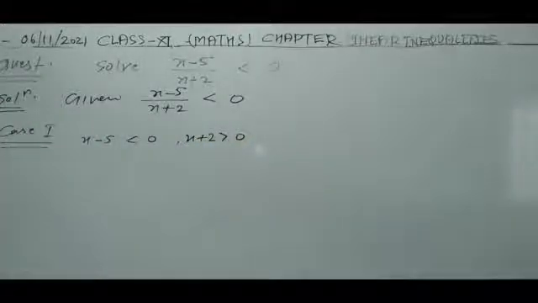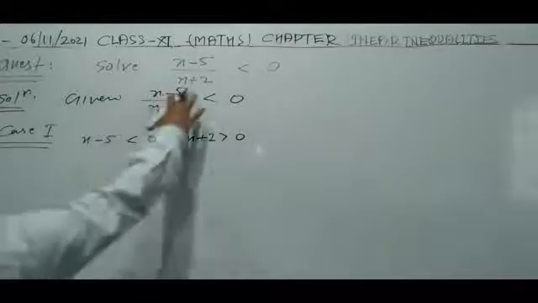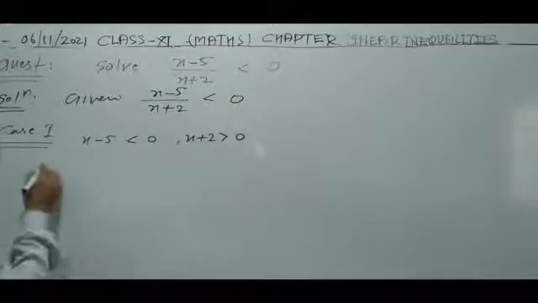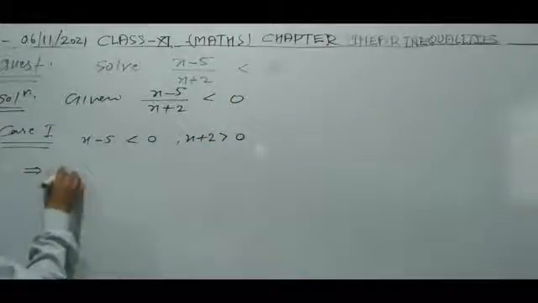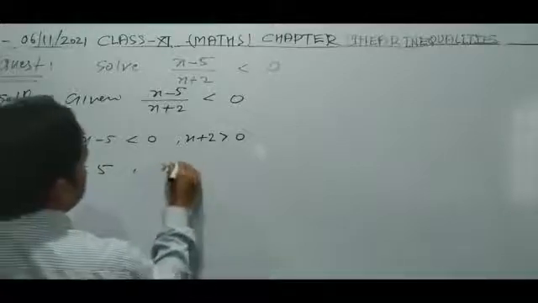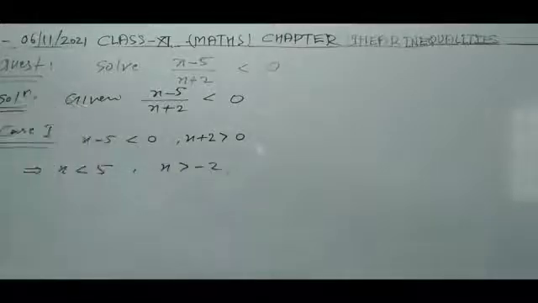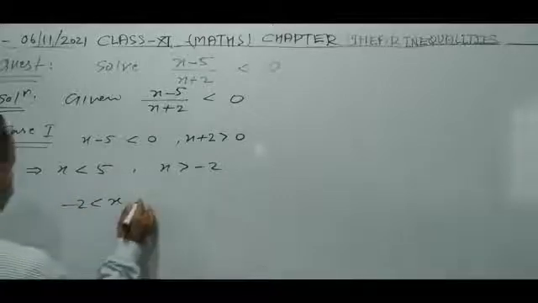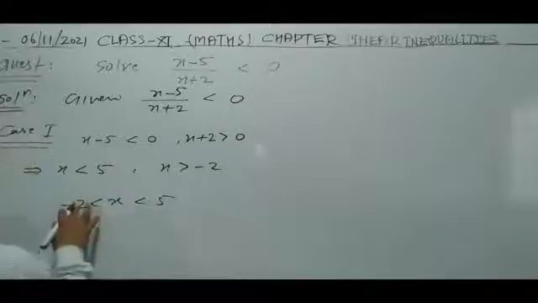Since the fraction is less than 0, we take numerator less than 0 and denominator greater than 0. So we can write x is less than 5 and x is greater than minus 2. Combined, we can write x is greater than minus 2 and less than 5. Now this is our solution.